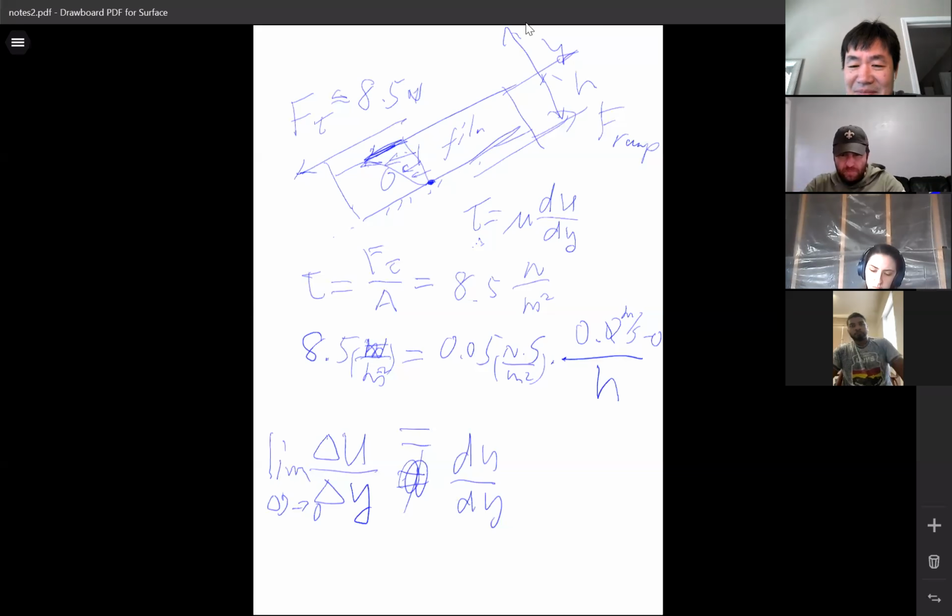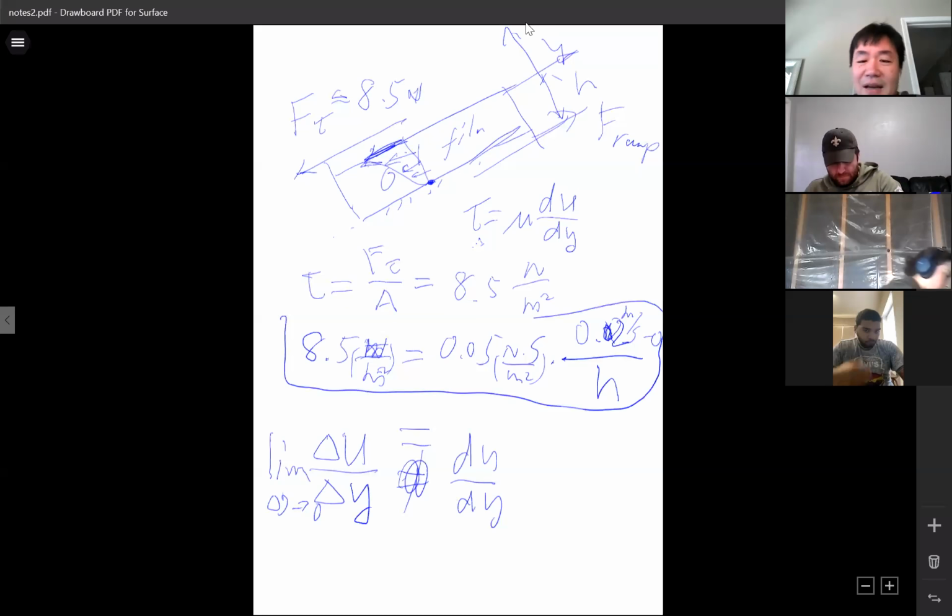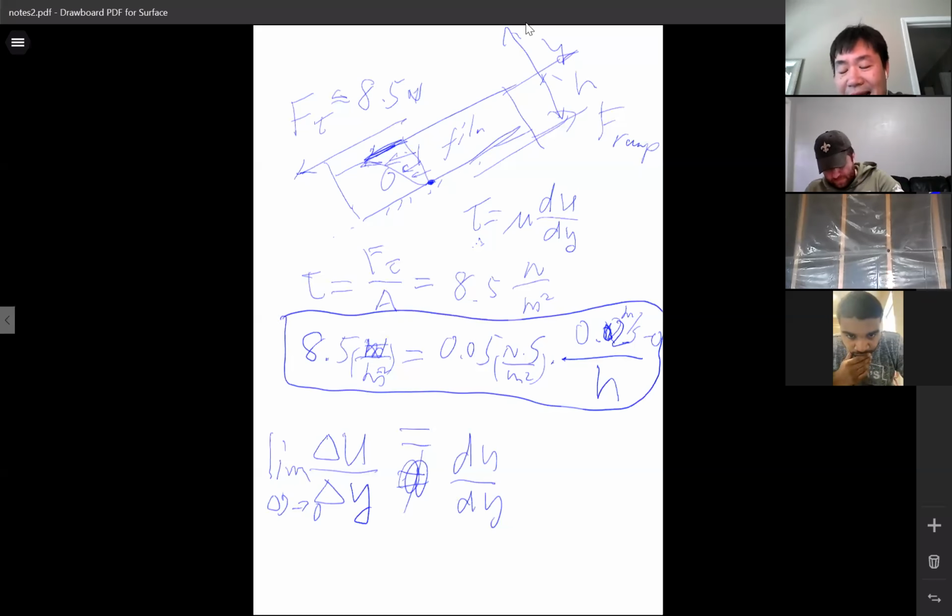Looks like you wrote 0.2. I said 0.02, you see, I have a 0 here. Bear with my writing. 0.02 meter per second minus 0. Here you go. Then we have this equation, which has our unknown in it.